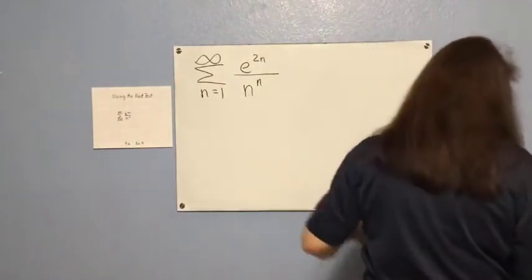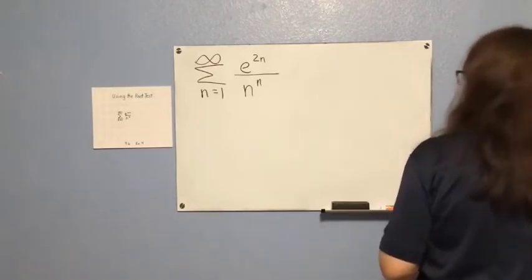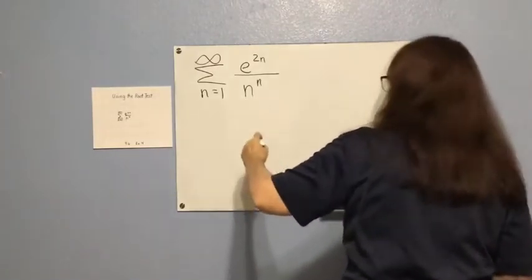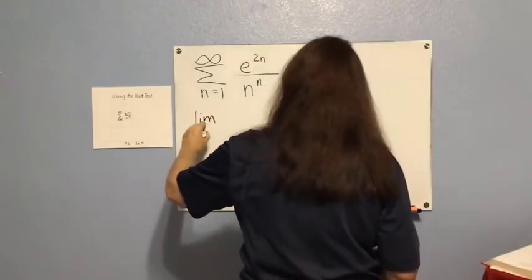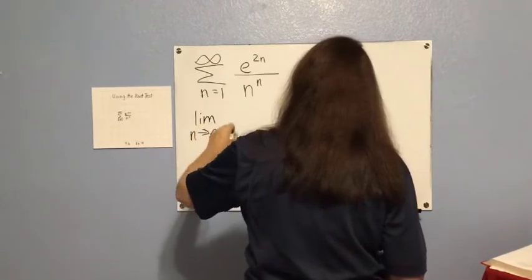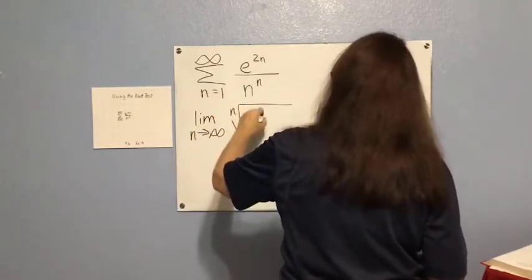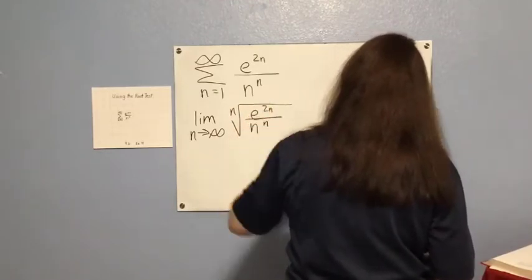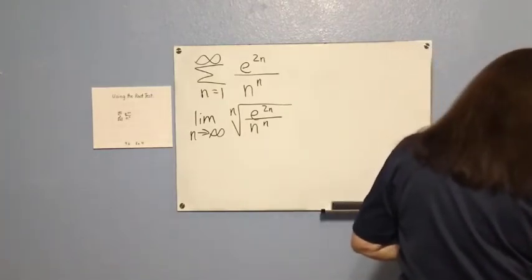So here's our series, and we're going to apply the root test to this series. We're going to write the limit as n goes to infinity of the nth root of our series.